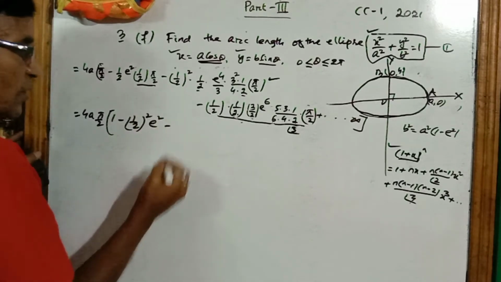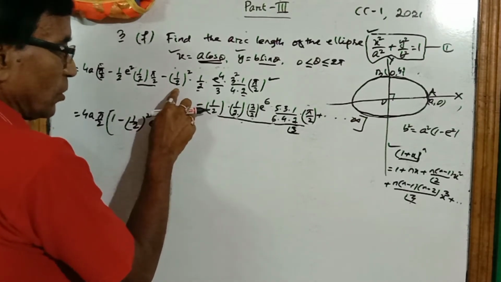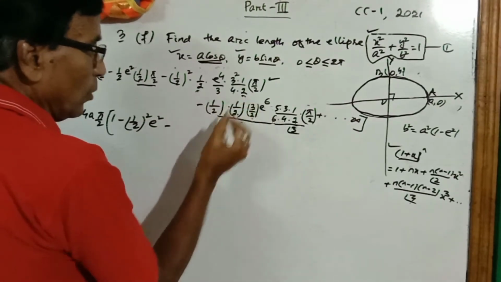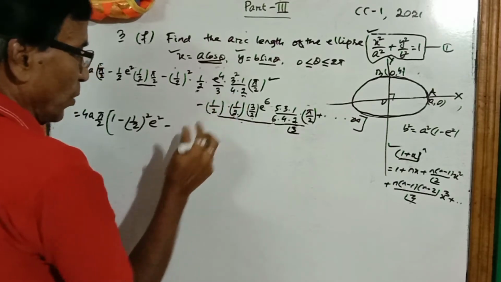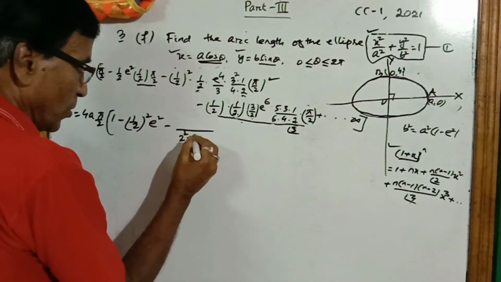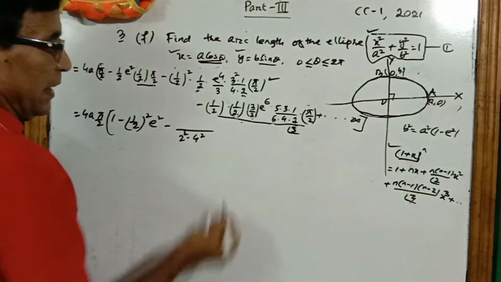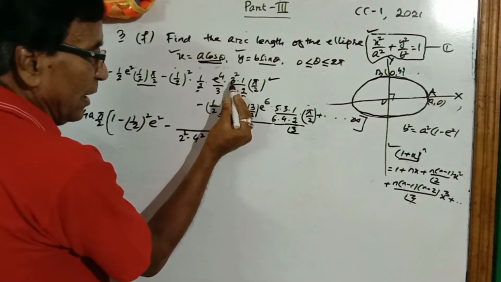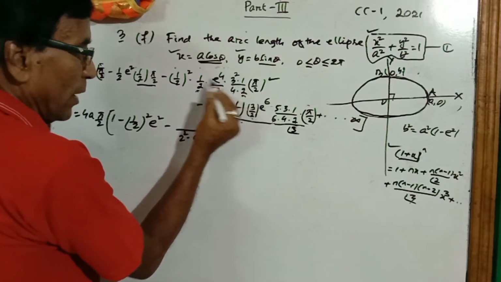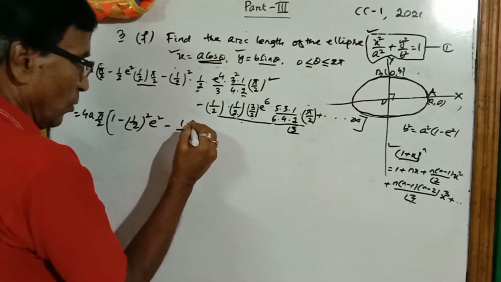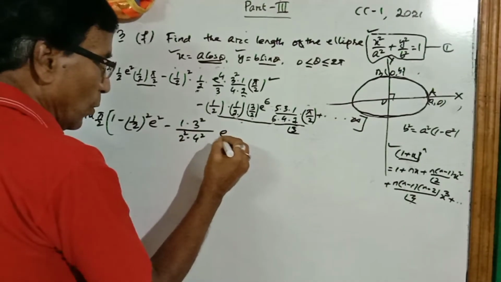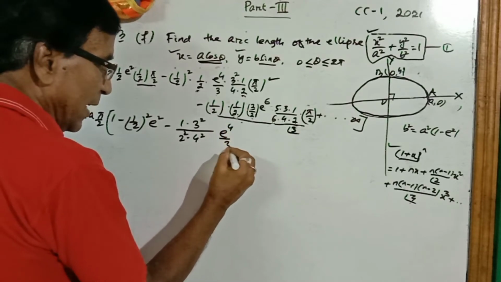Here it is minus 1 by 2 whole square, here it is 2 into 2, that is 4, 4 into 4, that is equal to 4 square. So it is 2 square into 4 square. Here I have multiplied a 3 in the numerator and divided with 3. So it is 3 square. So in the numerator it is 1 square into 3 square, into e to the power 4 by 3.